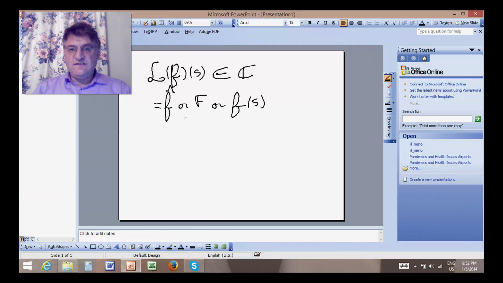So this Laplace transform takes a complex number at the input and spits out a complex number at the output.